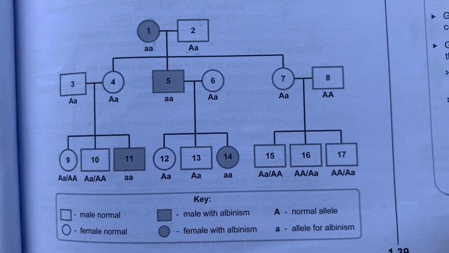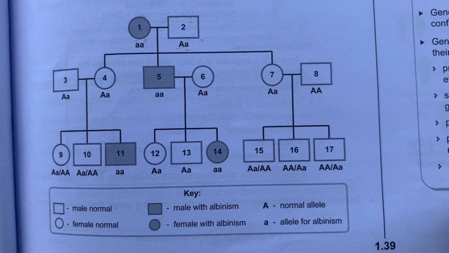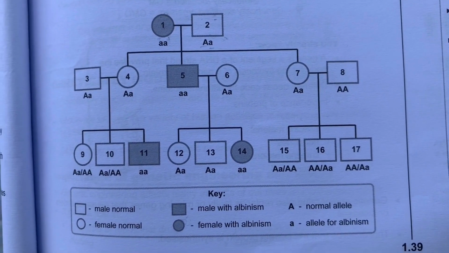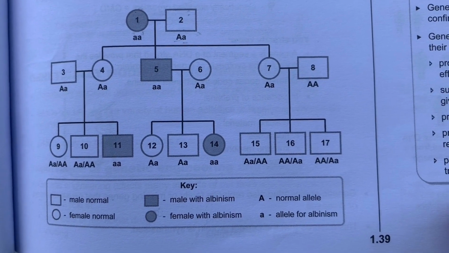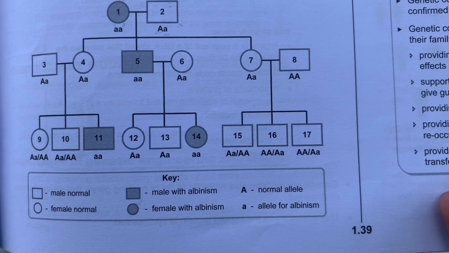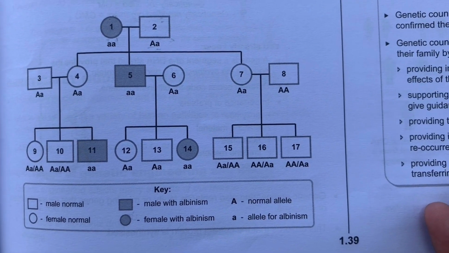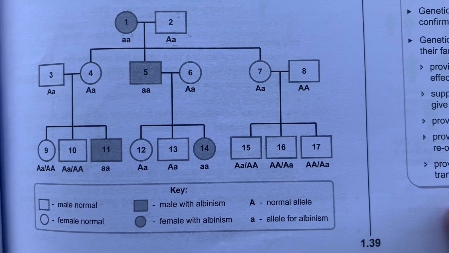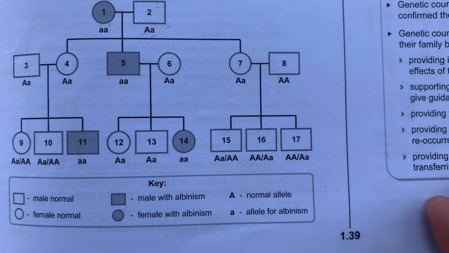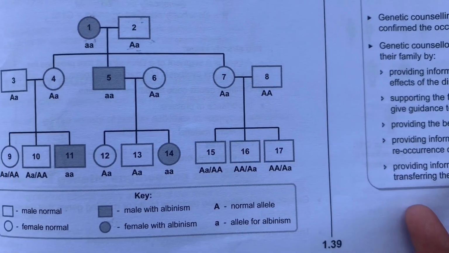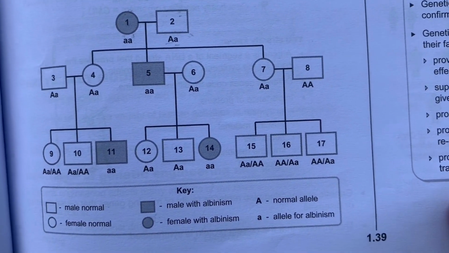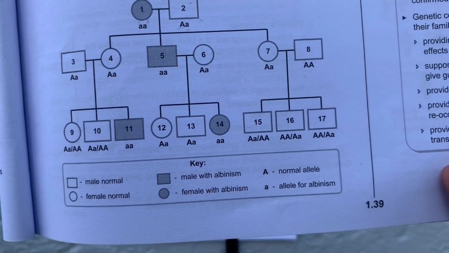Next up that we're going to be doing is pedigree diagrams. They are basically diagrams that show the inheritance of a characteristic in families over several generations. So 1 and 2 would be referred to as P1. This is not straightforward.